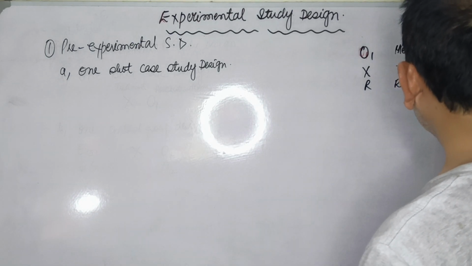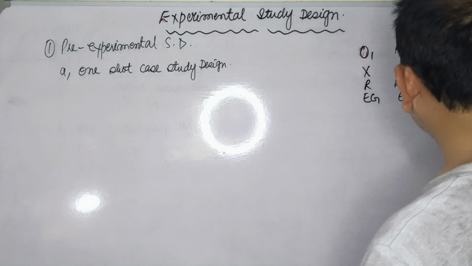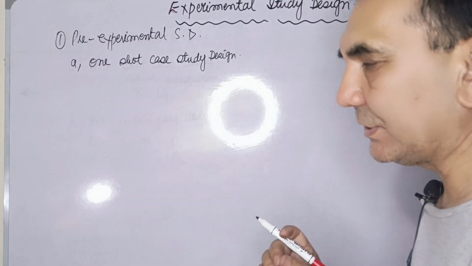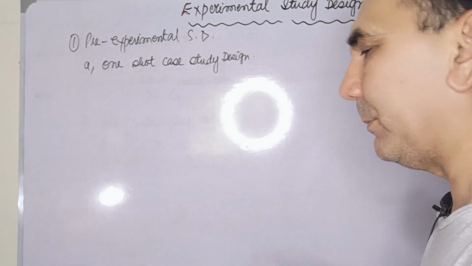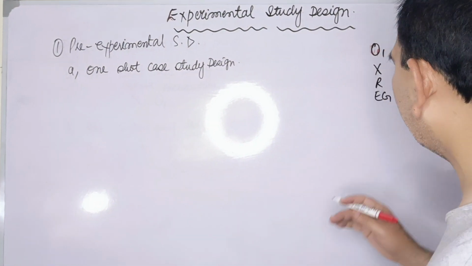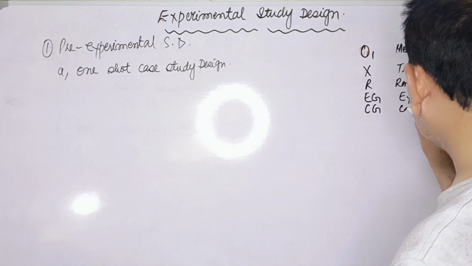EG is for the experiment group. You know very well, the experiment group is the group on which the researcher or PI assigns a new treatment. CG is the control group.